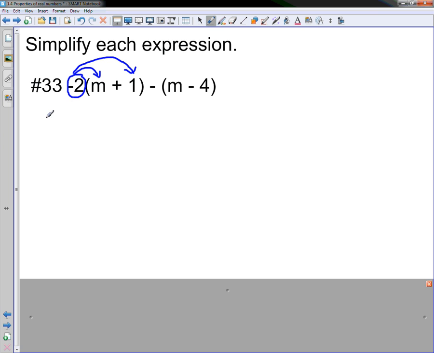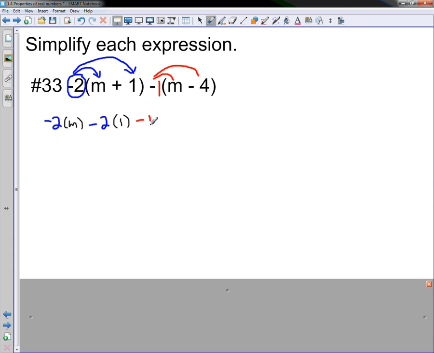So I end up with negative 2 times m, negative 2 times a positive 1. And you may start skipping this step as you start to get more comfortable with the distributive property. In my second one, I have a negative 1 here, and I'm going to distribute that into my second parentheses only.